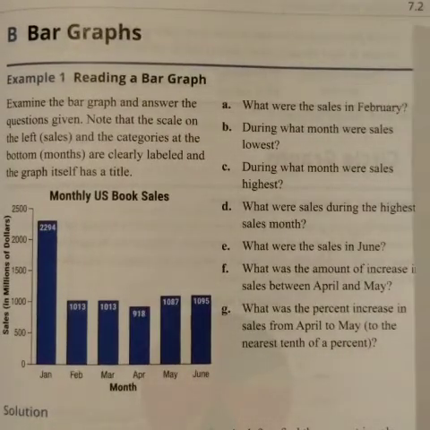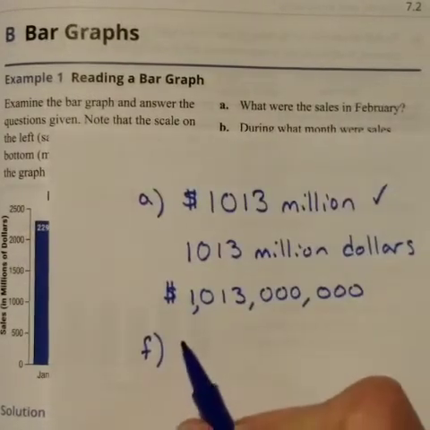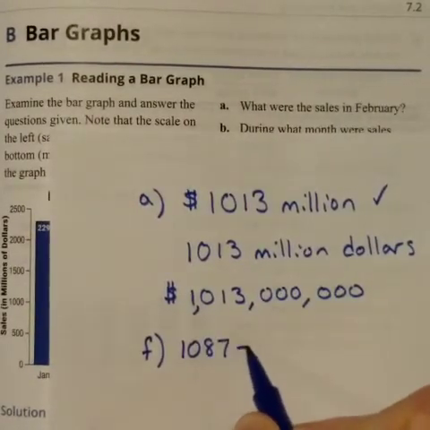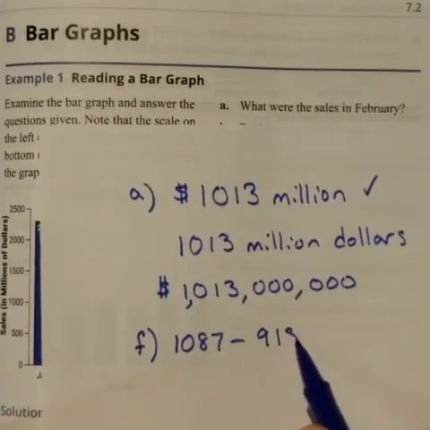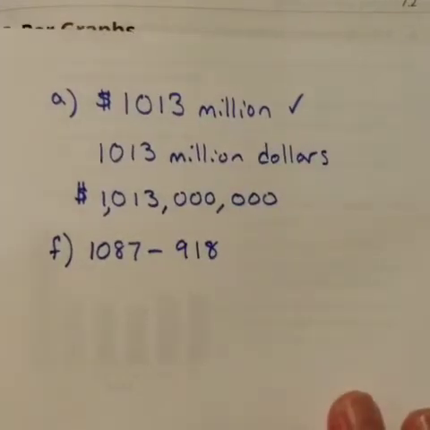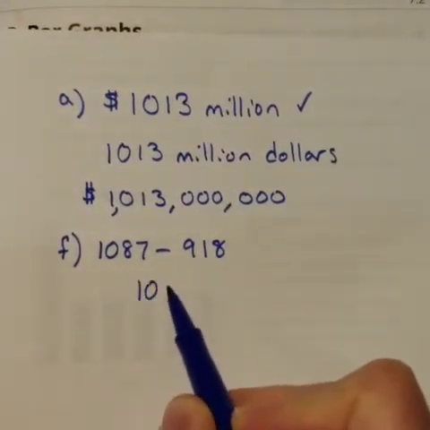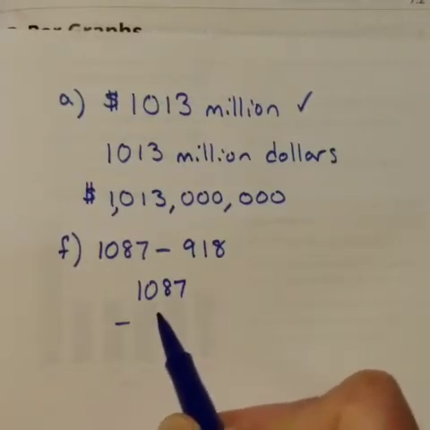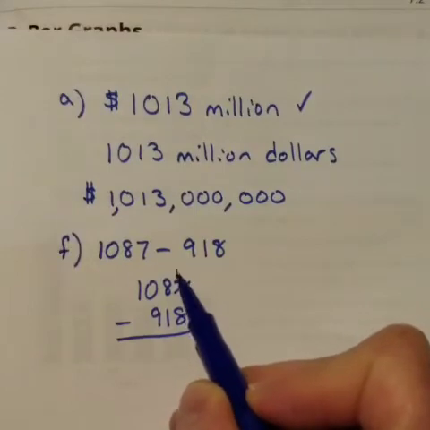In part F, you do the bigger number minus the smaller number, so it's 1087 minus 918. Okay. So when I stack those and do that vertically so I can borrow, 1087 minus 918, 7 becomes 17.